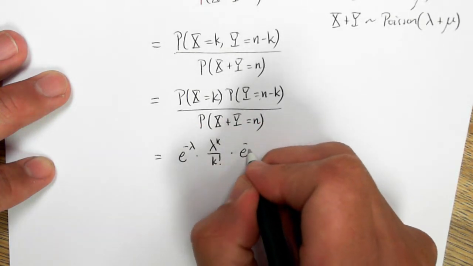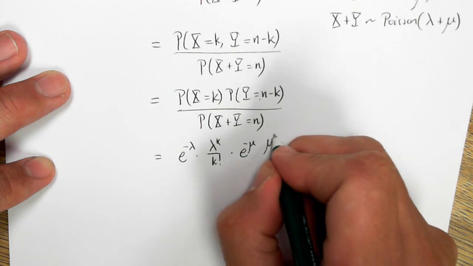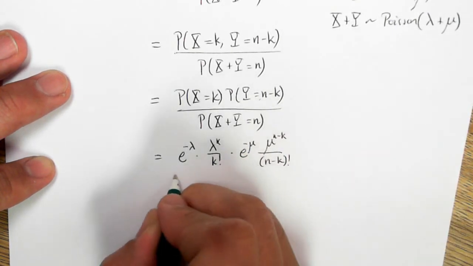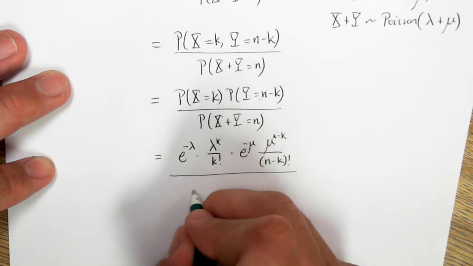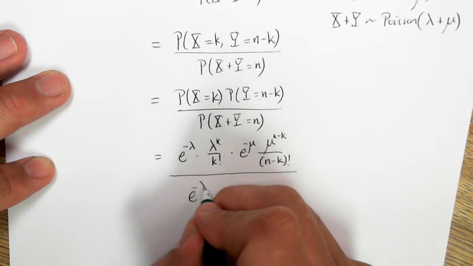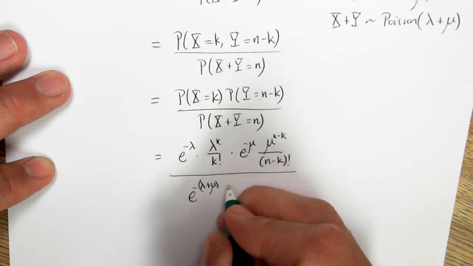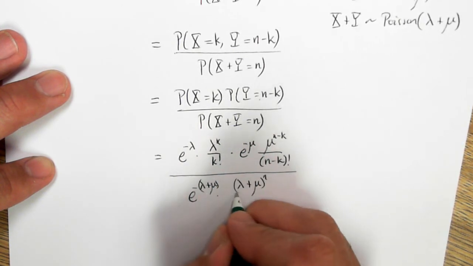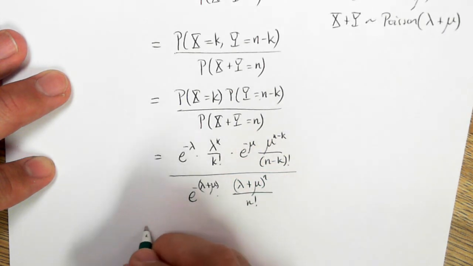This one is e to the minus mu times mu to the n minus k over n minus k factorial. And on the bottom we have e to the minus lambda plus mu times lambda plus mu to the n over n factorial.